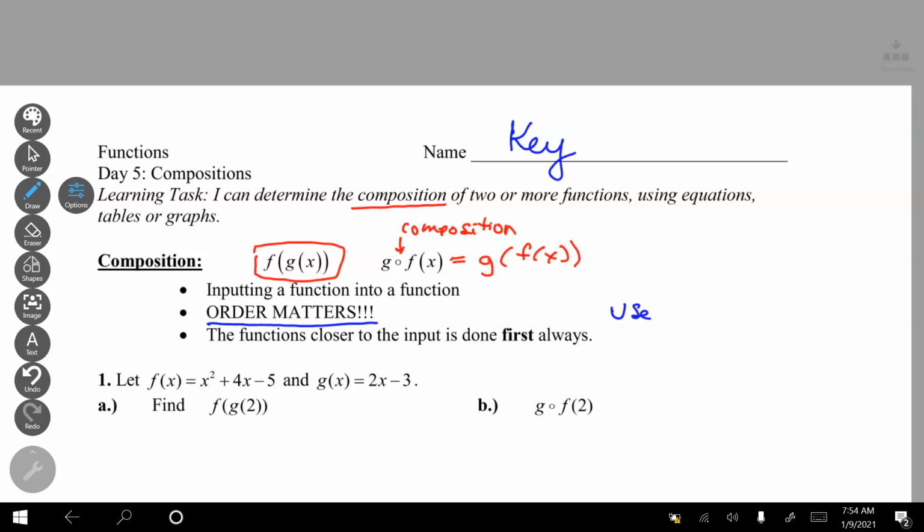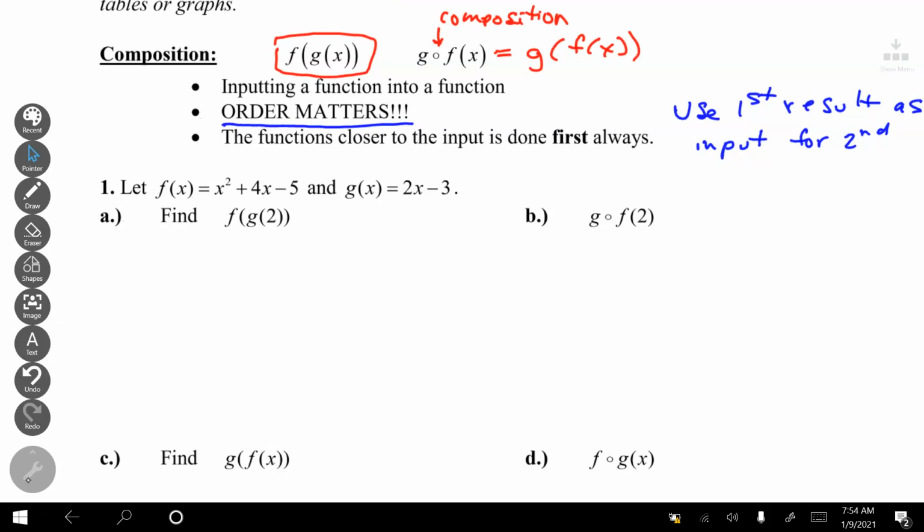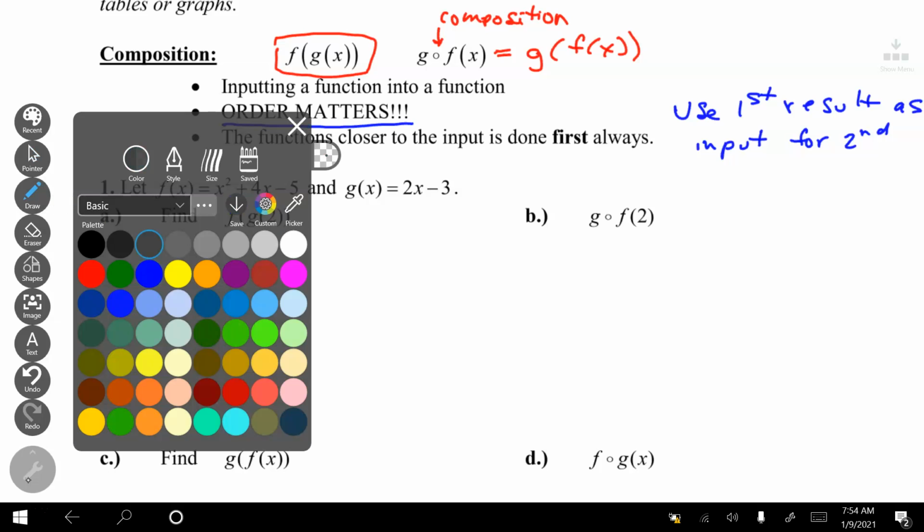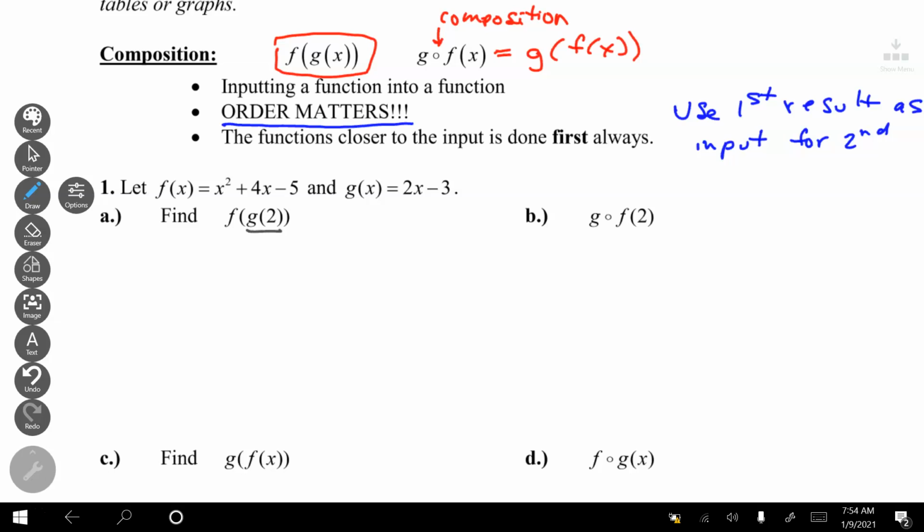So the idea is that we're going to use the first result as the input for the second function. So we have a couple of examples, and the first one that we'll do will be what you did in Algebra 2 a lot, where your input is a number. So the first thing I have to do for this one is g of 2.